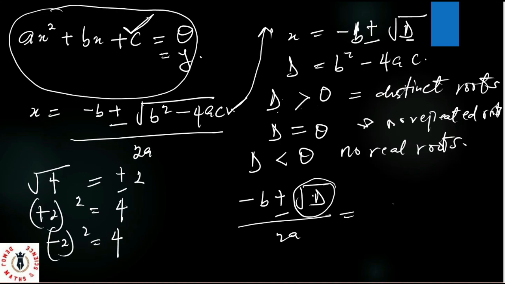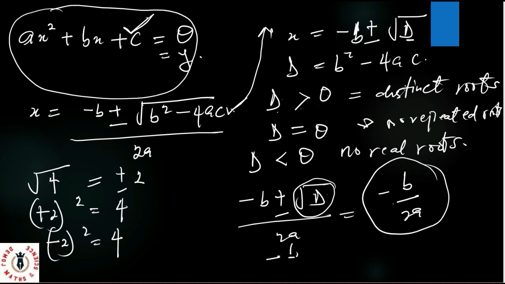But when d is equal to 0, the expression becomes minus b over 2a, which is just a single value. But when the value of d becomes negative, then minus b plus or minus the square root of a negative number, I cannot solve this. It becomes a complex number, so it has no real root.